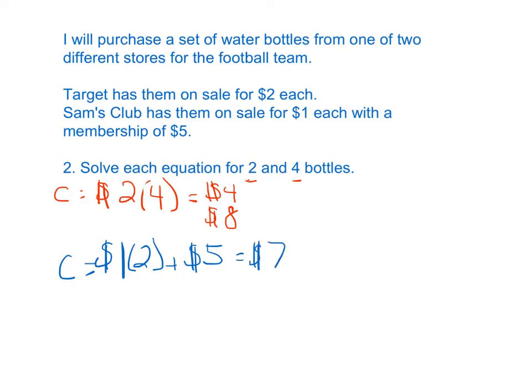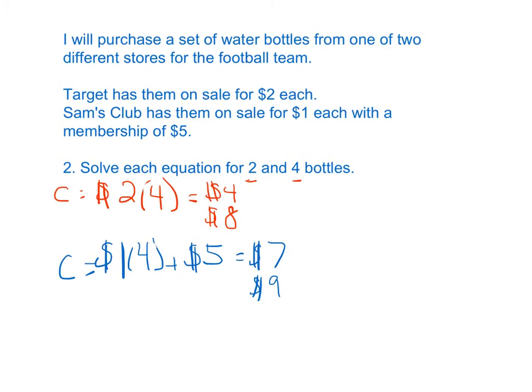And then for 4 bottles, let's handle this first: 1 times 4, 4, plus 5, so that's going to come out to be $9. So at Target, for 2 bottles we pay $4, and for 4 bottles we pay $8. At Sam's Club, different story. For 2, we pay $7. For 4 bottles, we pay $9.